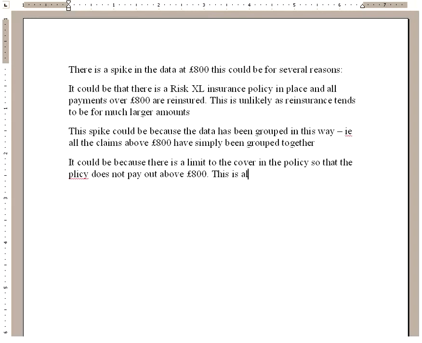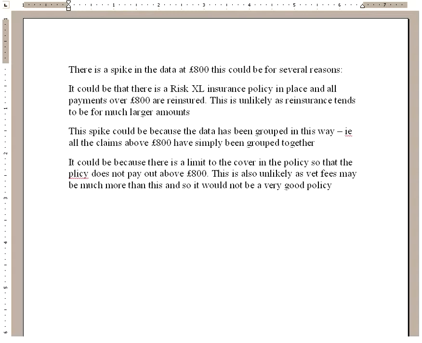This is also unlikely as vet fees may be much more than this, and so it would not be a very good policy. Okay, so I've got 3 marks down there, and hopefully I've now got 1.5 marks.